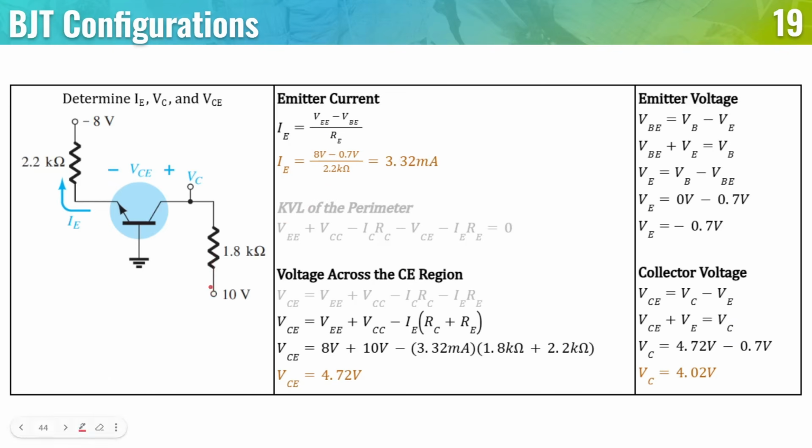Sorry, the emitter current. So we start from VEE minus VBE all over 2.2 kilo ohms. Take note, IE is equal to 3.32 milliamps because IE is going in this direction.